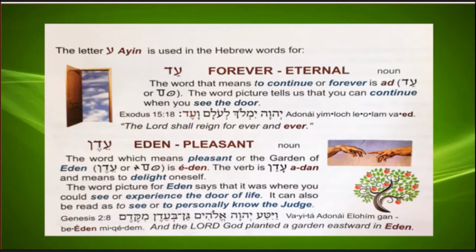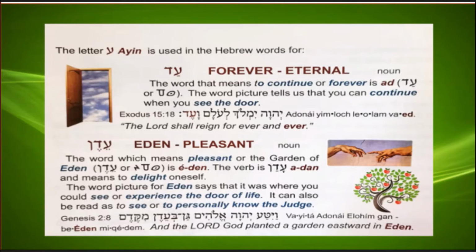The letter Ayin is used in the Hebrew word for forever or eternal, which is ad. Okay, the word picture tells us that you can continue when you see the door. Exodus chapter 15, verse 18: Yahweh shall reign forever and ever.